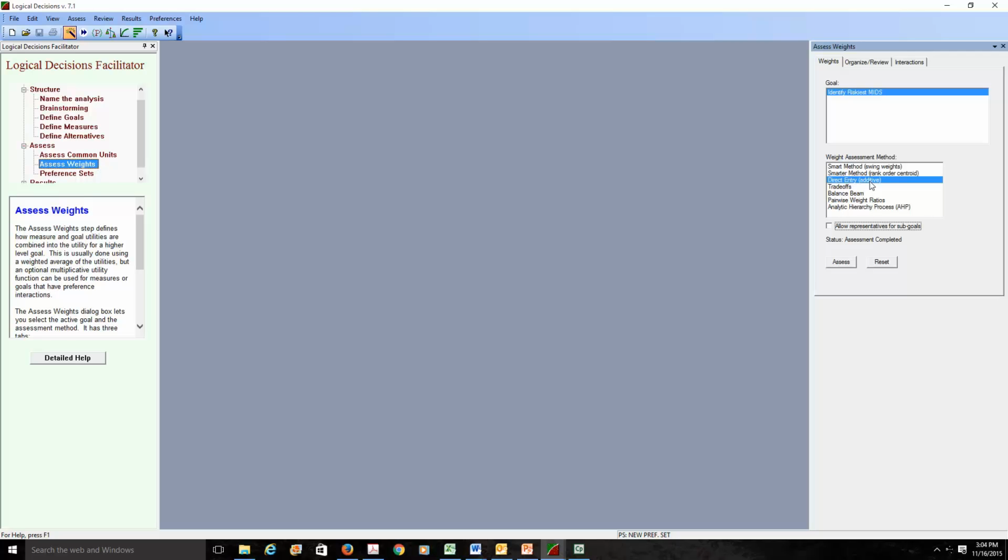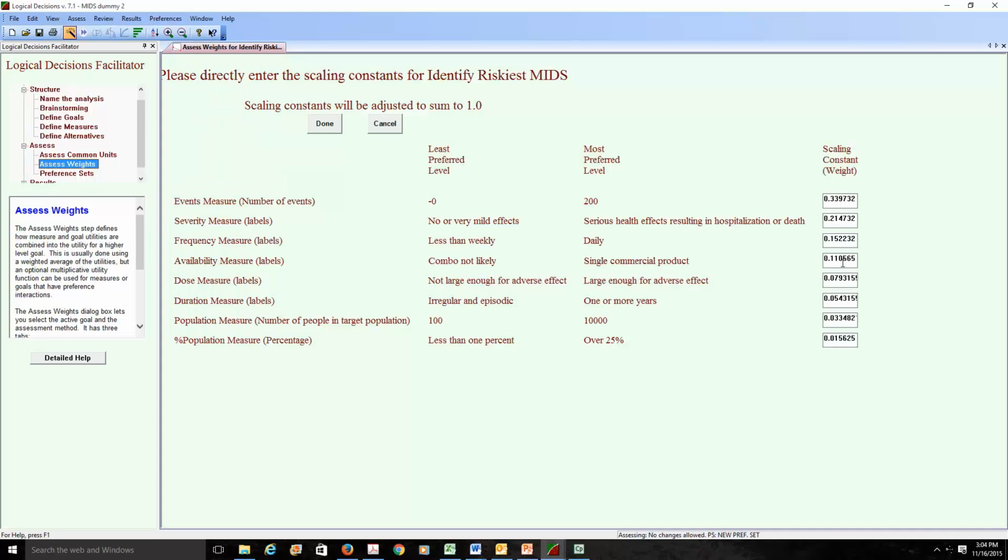So we're going to use a direct entry method here, and we're going to say assess, so that you can see over here on the right hand side we have some very precise weights for the different criteria. These were determined by the experts. Once again, these are just dummied up weights, so do not take them terribly seriously.